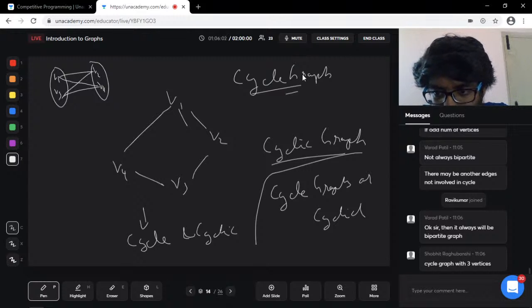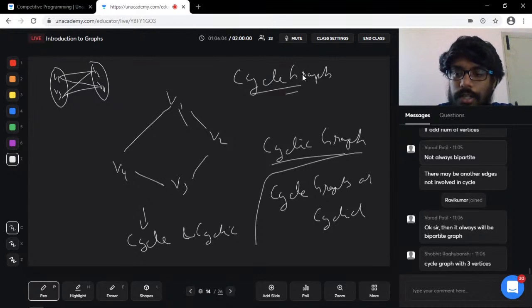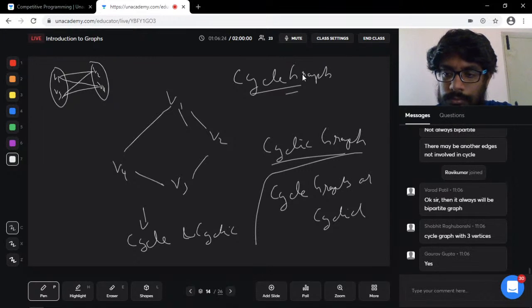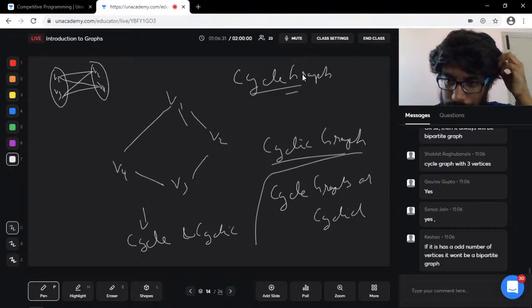Okay, so Shobit thinks that it's not always a bipartite graph, and he's given an example which he says will be a counterexample. What about the rest of you? What do others think? Will a cycle graph always be a bipartite graph? Okay, Gaurav also thinks yes.